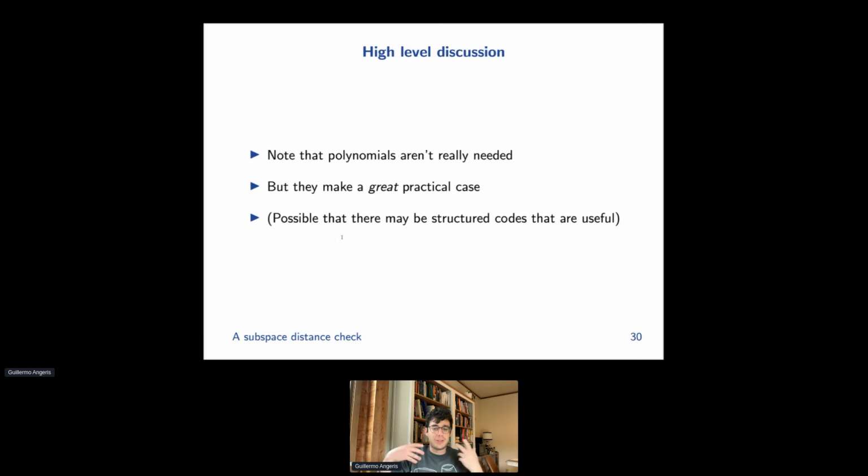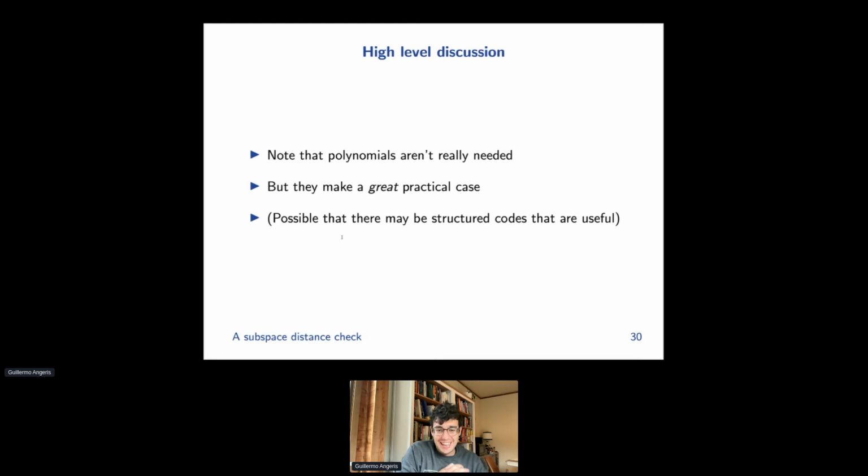So at a high level as well, we have no notion of polynomials. Polynomials aren't really needed in this discussion. Polynomials only enter in the fact that it is a concrete vector subspace which has this recursive decomposition. But they do make a great practical case. It turns out that they have just the right properties to have this notion of basis alignment, and to have the checks at the end be a little bit easier at every step, and so on and so forth.